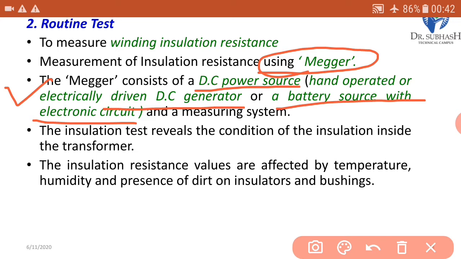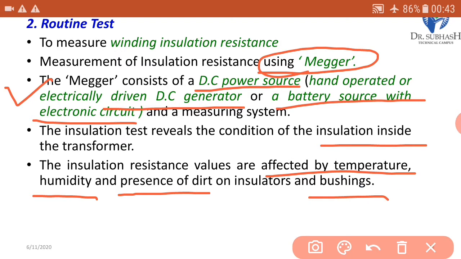The insulation test reveals the condition of the insulation inside the transformer. The insulation resistance values are affected by temperature, humidity, and presence of dirt on insulators and bushings. So these are the factors that may affect the insulation resistance values in a transformer.